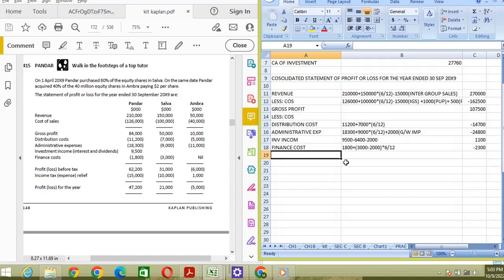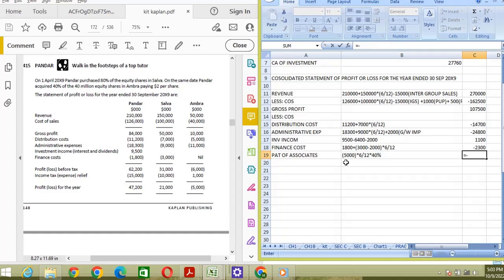After that, we will include PAT of associates. There has been a loss in the associates. We can see 5,000, and the time of acquisition is 6 months. So we will take 6 divided by 12 of the value of 5,000, and the parent percentage of acquisition, that is 40%.